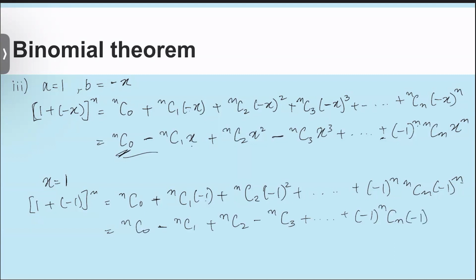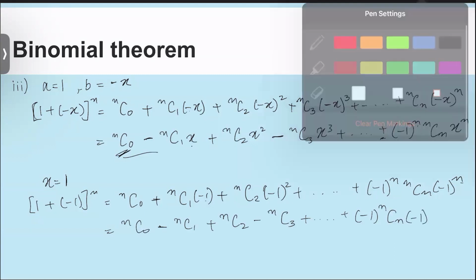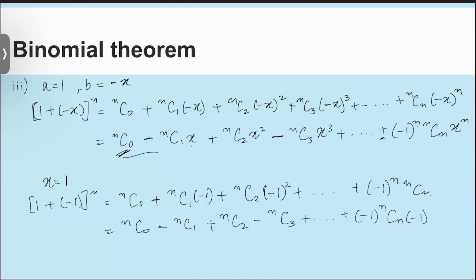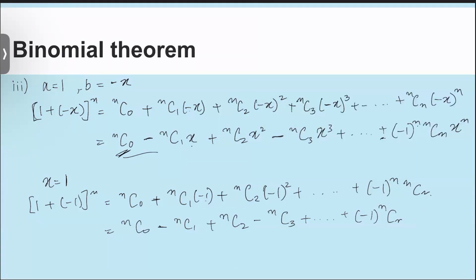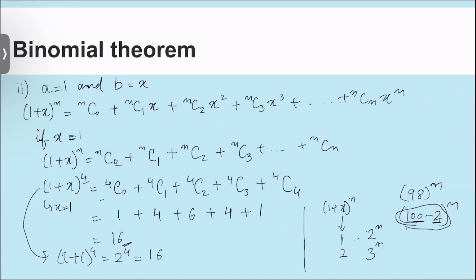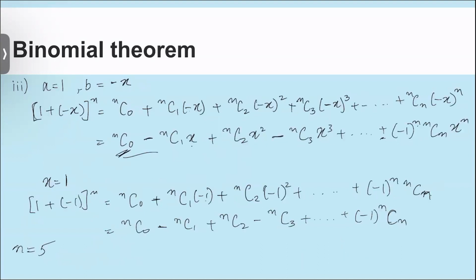Okay, so this will be minus 1 to the n, Cn. Now suppose we take n equals 5.